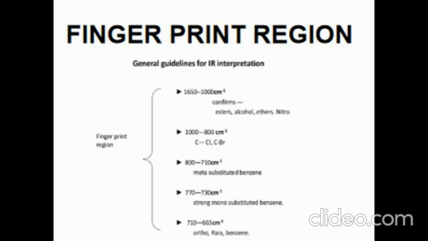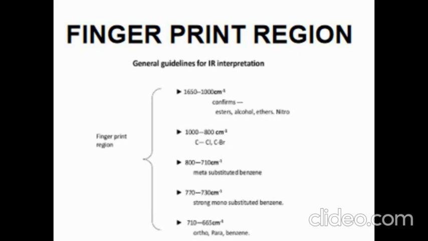Now another very important application of the fingerprint region is that we can know, in an aromatic compound, in the benzene ring, whether it is a monosubstituted compound or not, meaning whether only one group is there in the benzene ring. And if it is disubstituted, whether the ortho, para, or meta groups are there can be understood by seeing their peak positions in the fingerprint region.